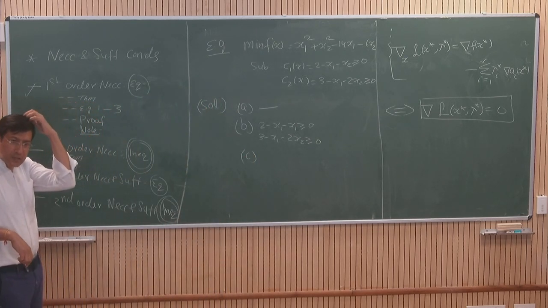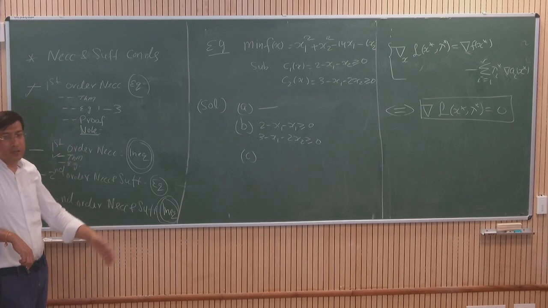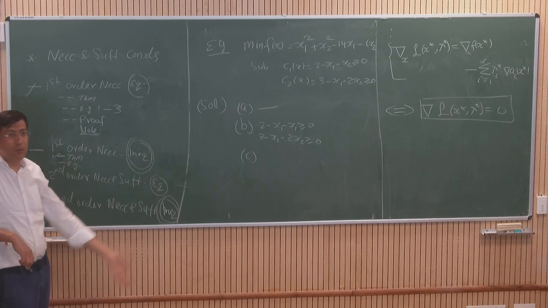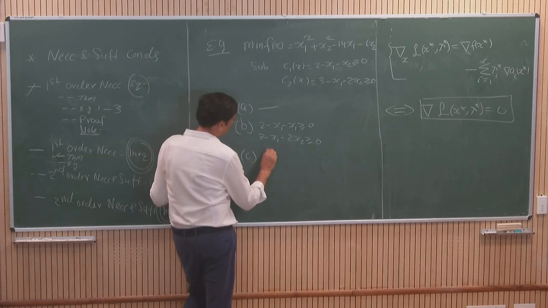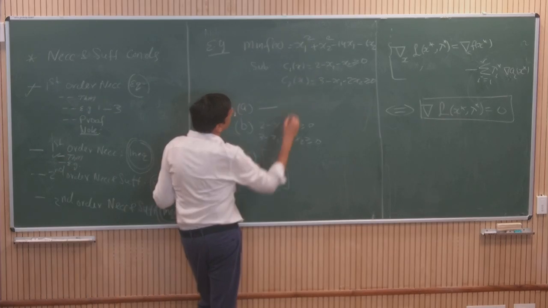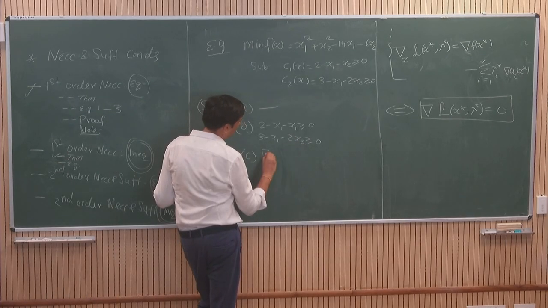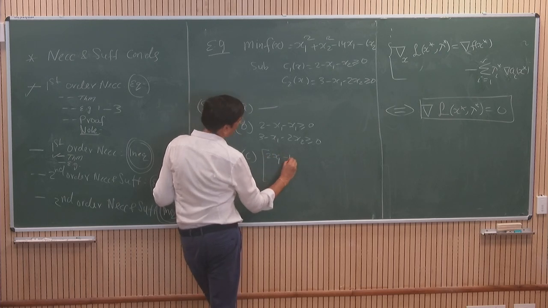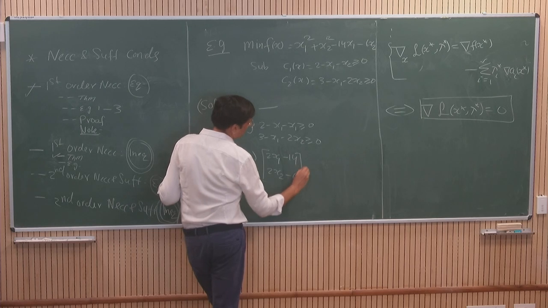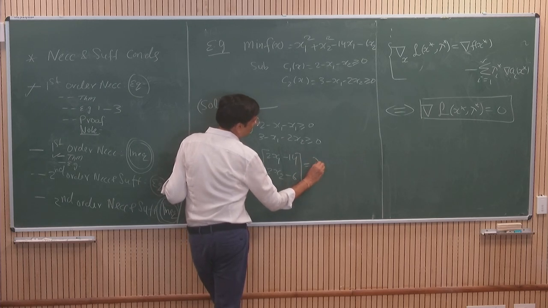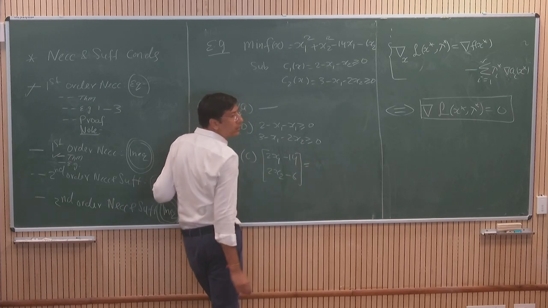Gradient of the function is a linear combination of gradient of the constraints, both equality and inequality. We don't have equality, so we'll just write it for the inequality constraints. So the gradient of the function is 2x1 minus 14, 2x2 minus 6. This is gradient f, and then we have two inequality constraints.